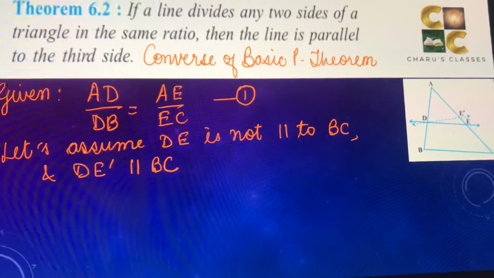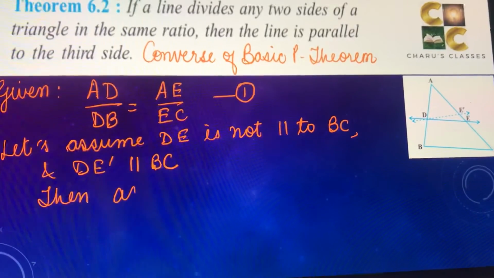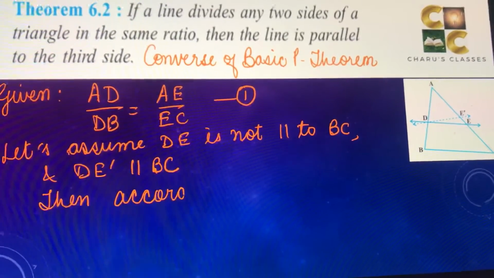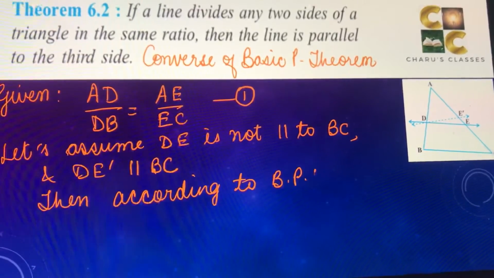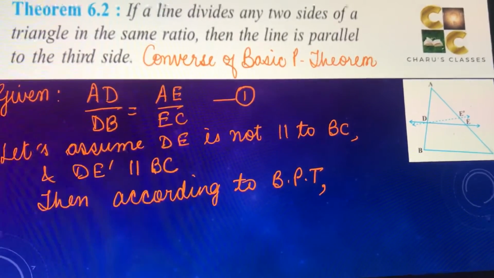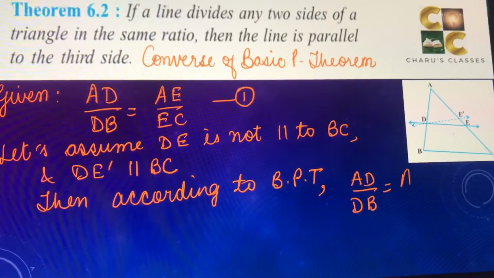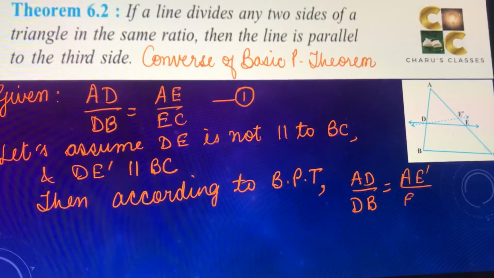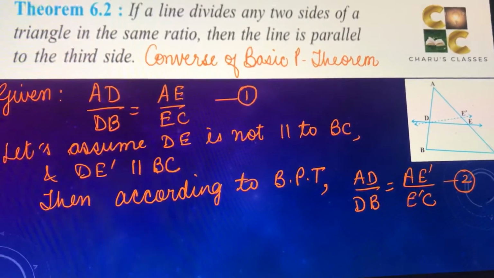Now if DE dash is parallel to BC, then according to the BPT, or the basic proportionality theorem, AD by DB should be equal to AE dash by E dash C, right? So this is our equation number 2.